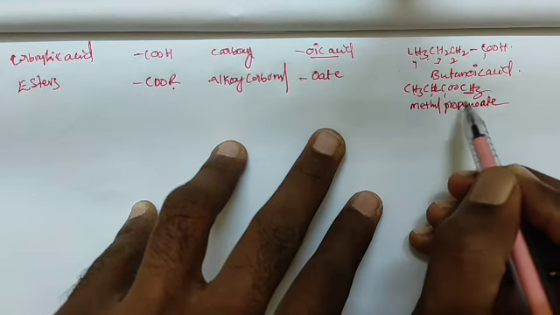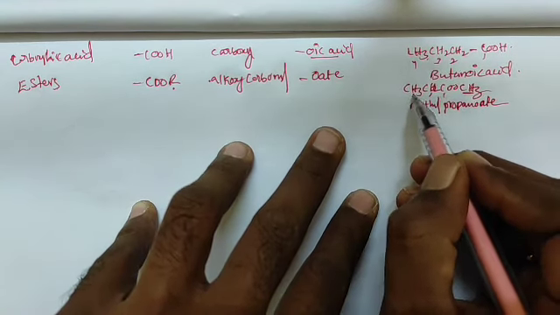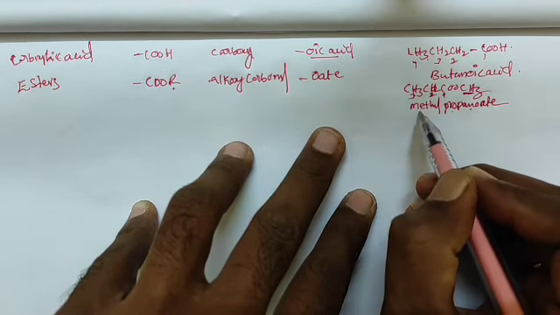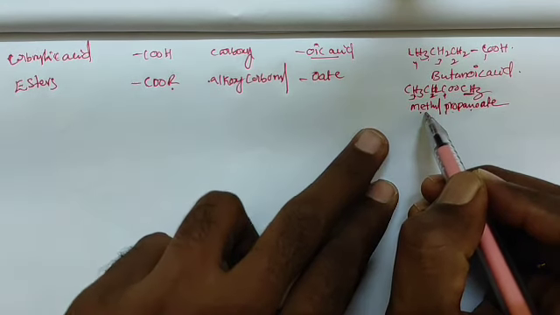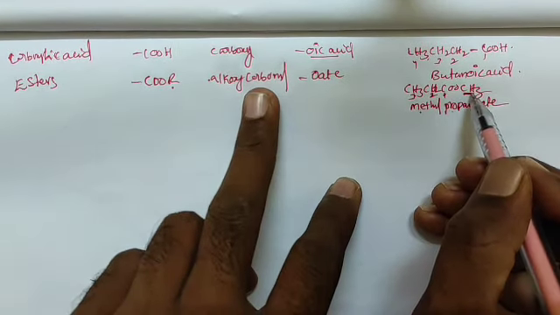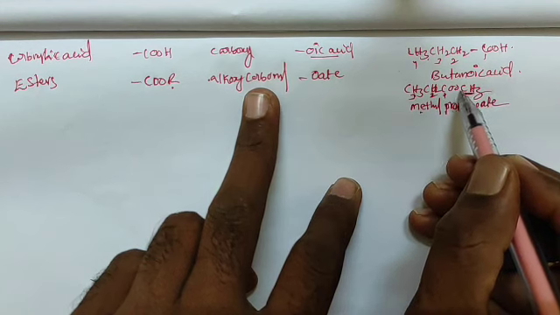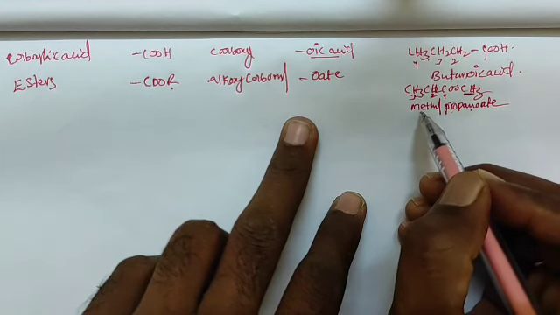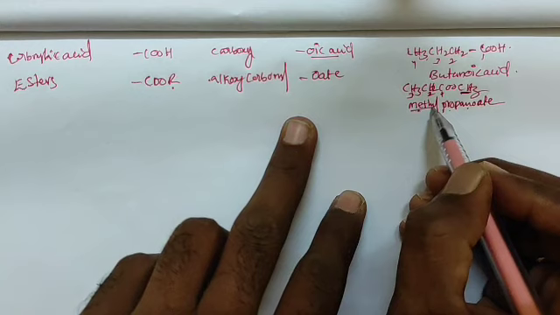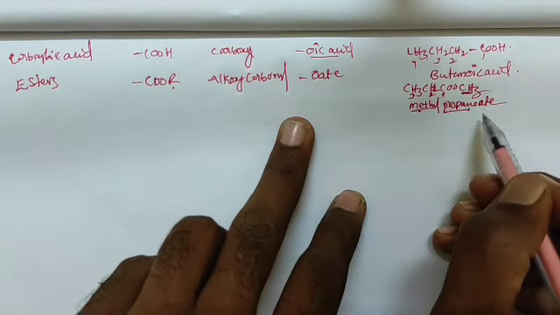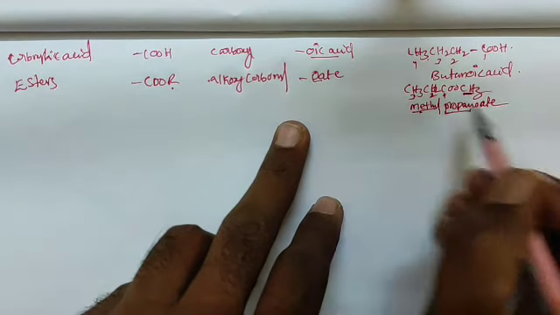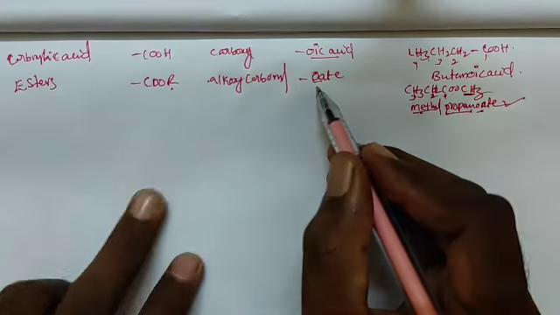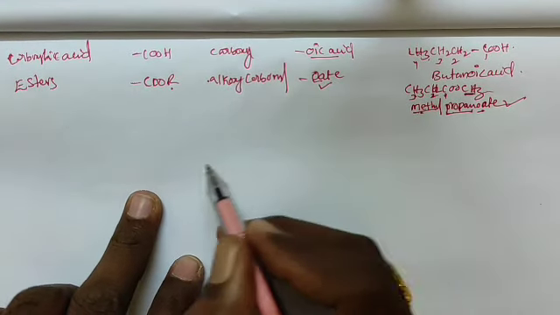This is the root word, 1 2 3 propane. The suffix is oate. Prefix in front: we write what is attached to that oxygen. So methyl is the prefix, root word propane, functional group oate: methyl propanoate. This is the suffix name we are taking.